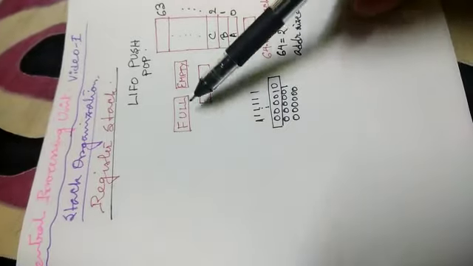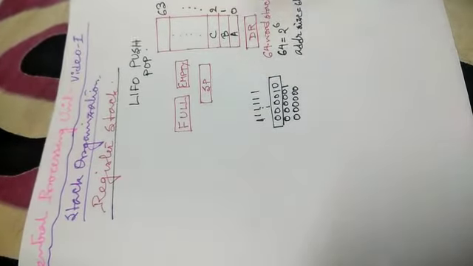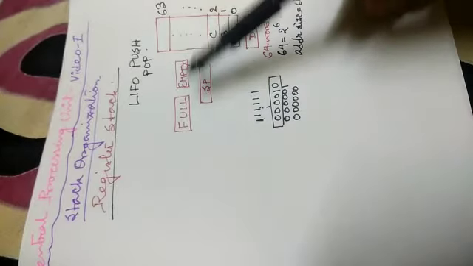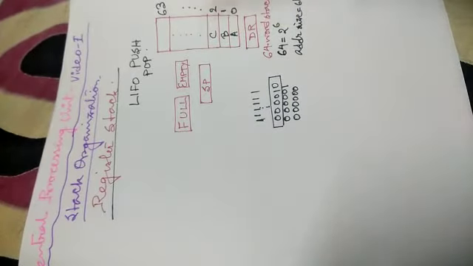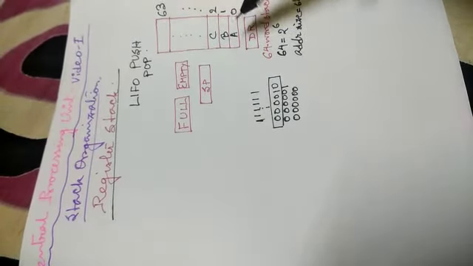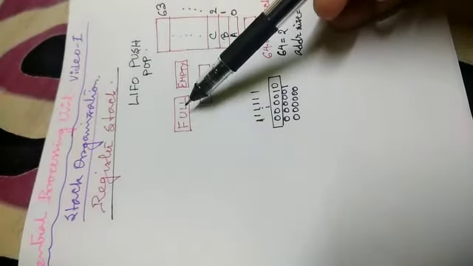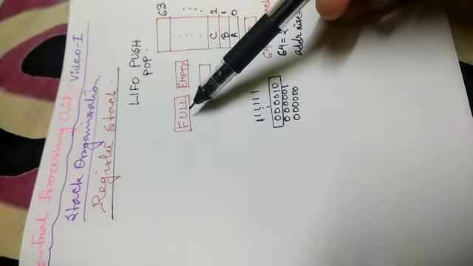Now what is full and what is empty? These are nothing but flag registers. These are 1-bit registers. Okay. Full means when the stack is filled up with data. That is, if the stack is full, this full register is set to 1. Okay.